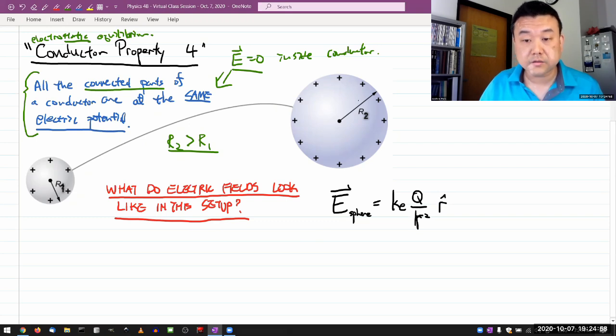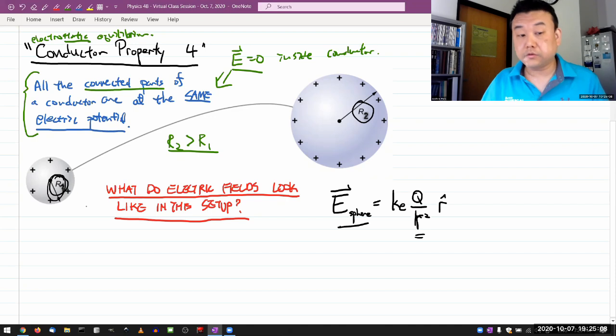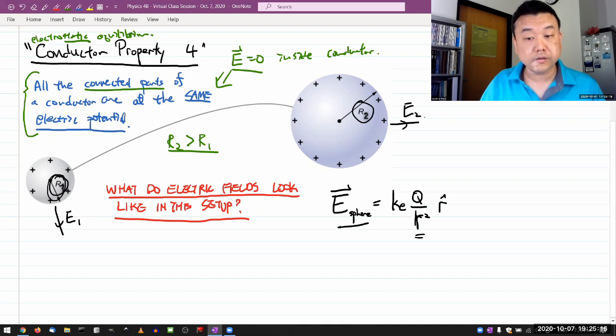You look at these radii and you think, yeah, the electric field goes as 1 over r squared. So of course, when the r is smaller, then electric field is stronger. So you conclude that when you look at electric field here, for example, and you look at electric field here, for example, and you conclude, yes, of course, E1 is greater than E2.